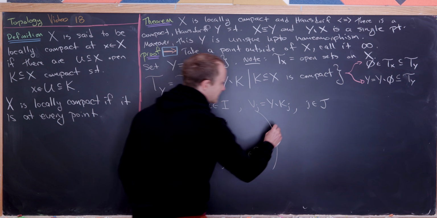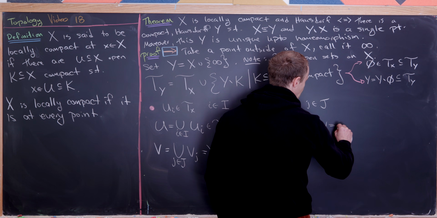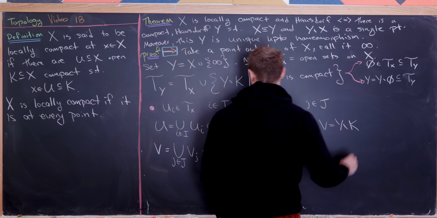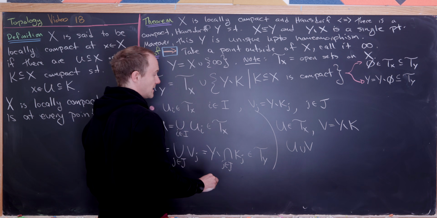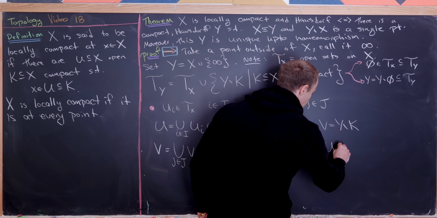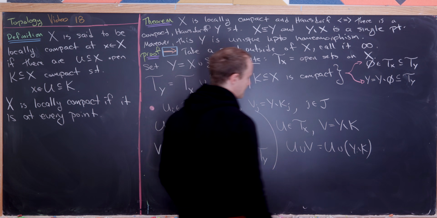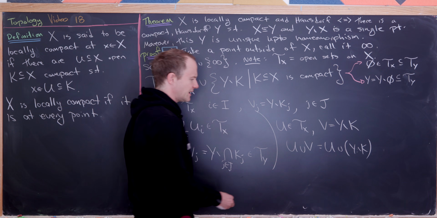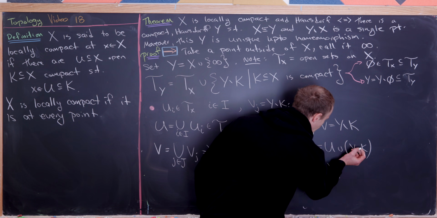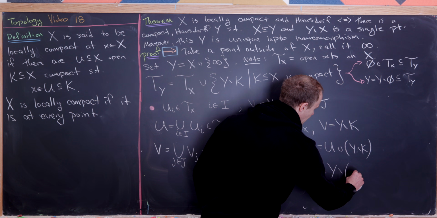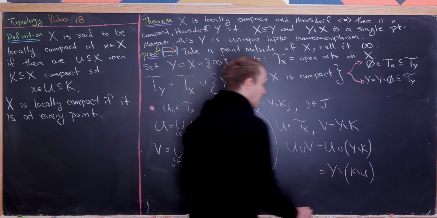Okay, so anyway, let's take U inside of T sub X, and we'll take V equal to Y minus K. And now let's look at U unioned with V. But observe that that's going to be U unioned with Y minus K. Now, just by doing basic set operations, this is equal to Y minus, let's see, it's going to be K minus U. Okay, great.